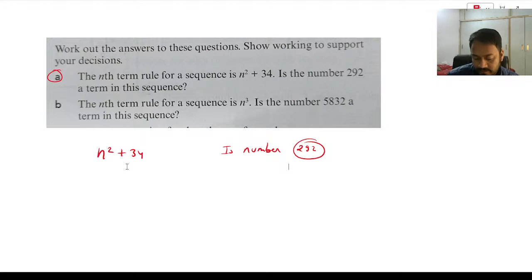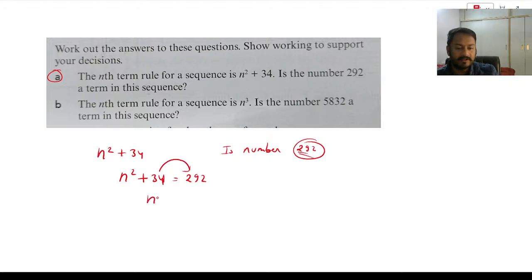Inverse function, sir. Okay, Lekhansh is saying inverse function. Yes, correct. Inverse function will apply. So to see if this is a term or not, basically what we do: n square plus 34 is equal to 292. If this is a sequence, n will not come in decimals. So if I do this, n square is equal to 292 minus 34.